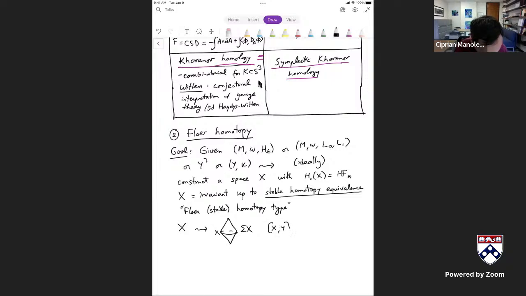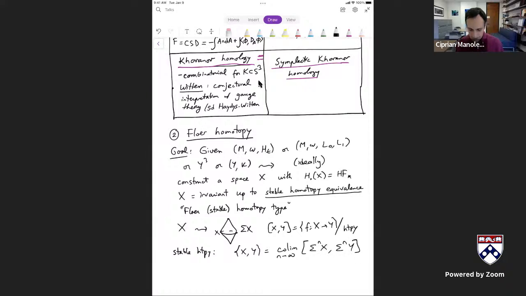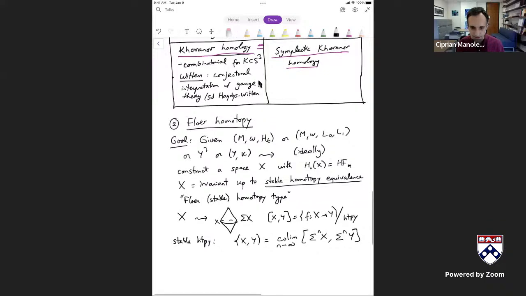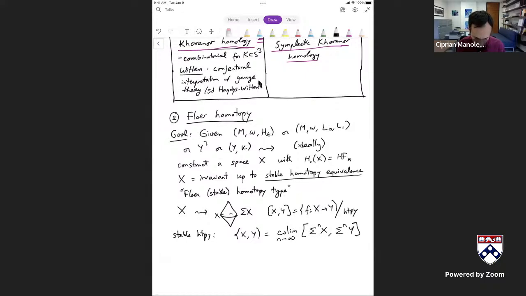And if I use the notation [X,Y] to be maps from X to Y up to homotopy, then stable homotopy classes of maps would be the colimit as n goes to infinity of homotopy classes of maps between the n-fold suspensions of X and Y. And starting from this, you can define stable homotopy equivalence, just a map in one direction that is an isomorphism in the category of objects with stable homotopy classes of maps.